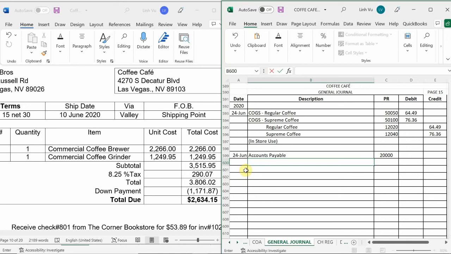This is part of the cost of the asset because this is the actual price that I paid for the coffee brewer and the coffee grinder. I didn't pay the full $2,266, I paid less. So in this case, I have to take it out from my coffee brewer account because I took a discount off of those items and the coffee grinder account. And then whatever that discount amount is, that is what I'm going to be paying out of my checking account.